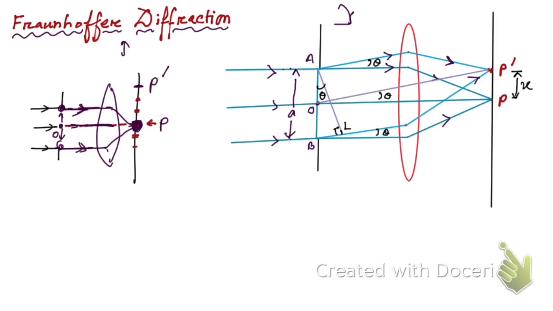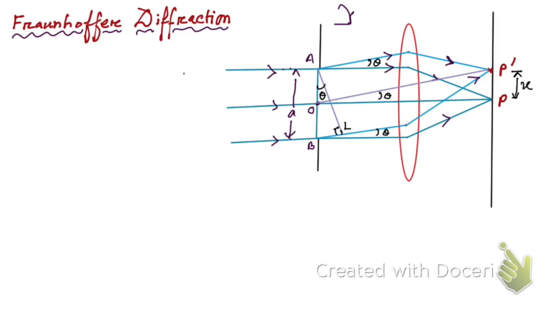So this point will be a maximum or minimum, that means bright or dark, depending on the path difference of these two secondary waves. This is the figure. I hope you have understood this.